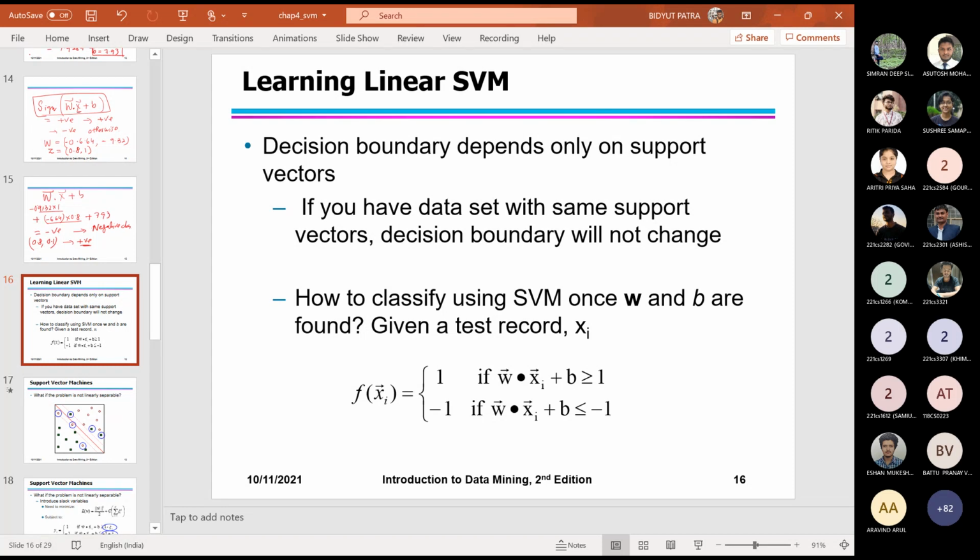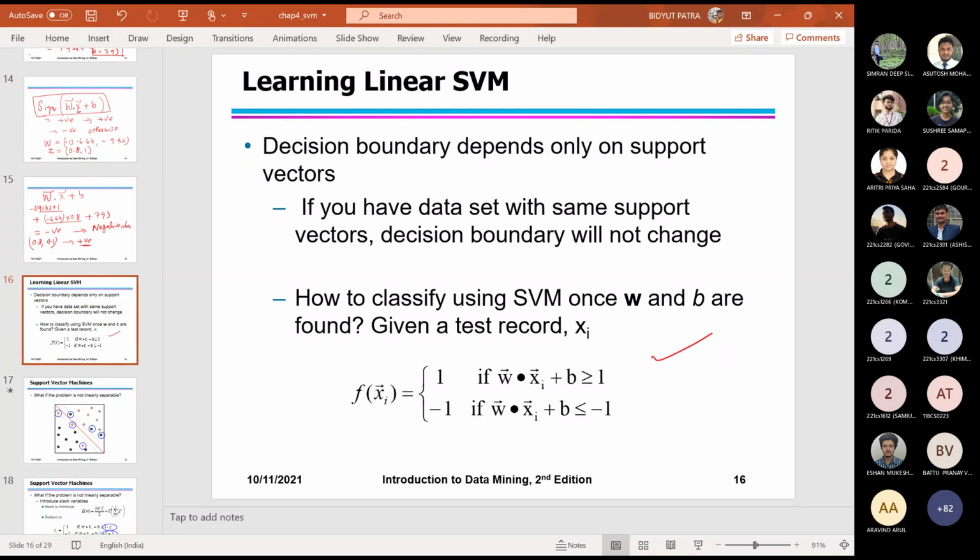If you add more data in other regions, it does not affect the support vectors. Therefore the decision line will remain the same.